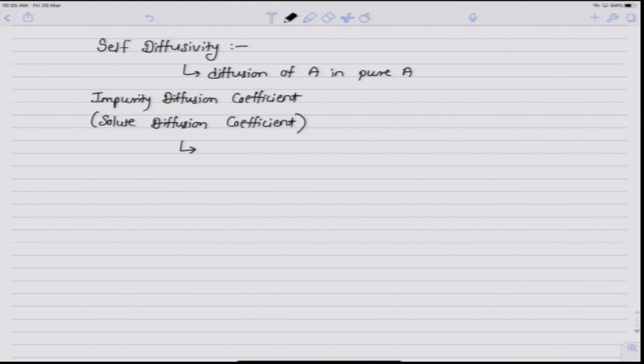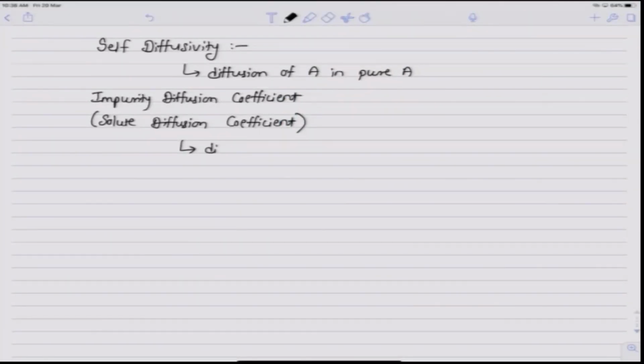And as the name suggests, impurity diffusion coefficient is the diffusion coefficient that characterizes the diffusion of an impurity atom in a homogeneous host lattice. So we can define this as diffusion of A impurity in host lattice of B.